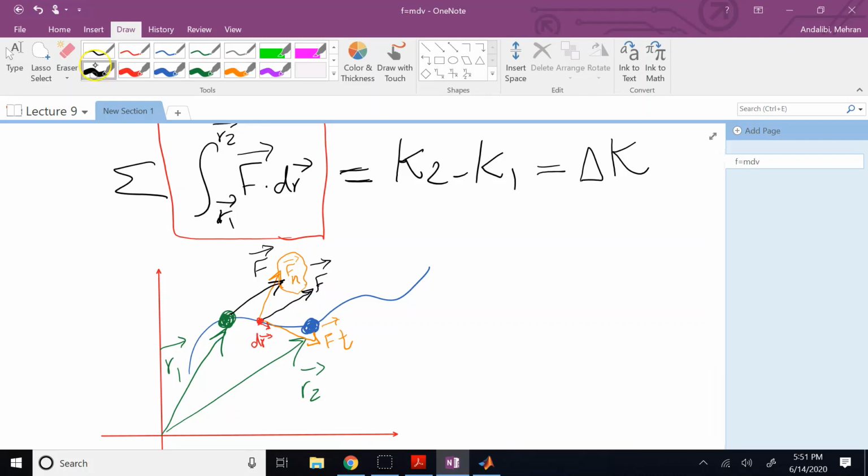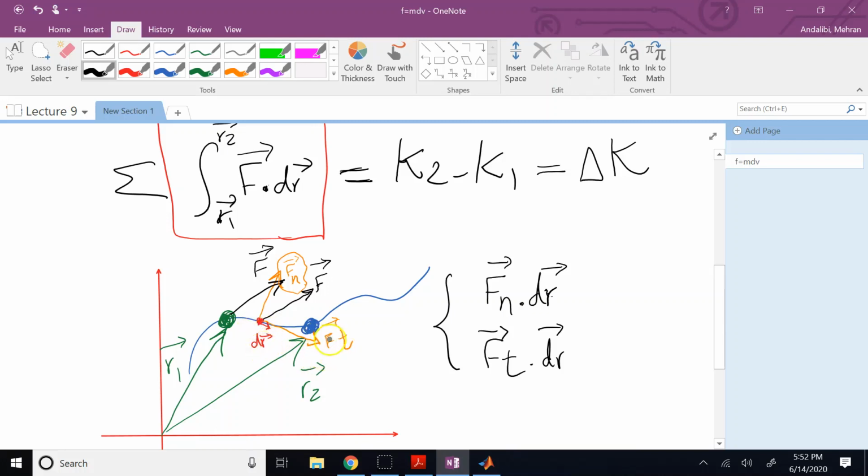Knowing that the work is always calculated using a dot product. In other words, if I ask you, what is Fn dot dr in this case? What is that? And what is Ft dot dr? Well, this is magnitude dr, magnitude Fn, cosine of the angle in between. And we know that dr is a small displacement, which because of being very small, is tangent to the path.